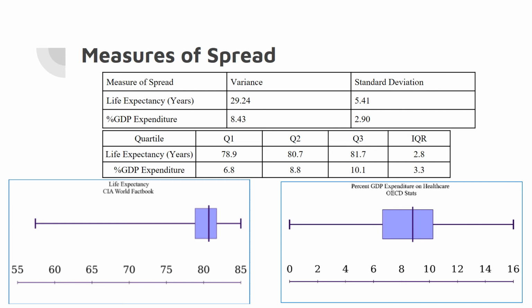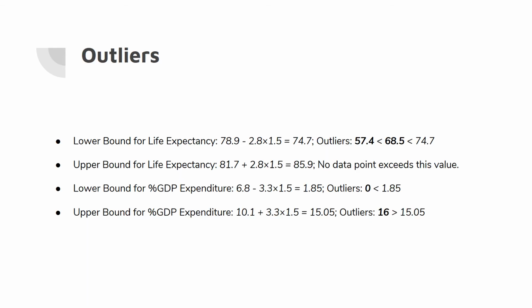Now, once we did that for both variables, we found that India and Sierra Leone, these are two Asian countries, both of them were lower than the lower bound. And as you can see, 57.4 is Sierra Leone and 68.5 is India.